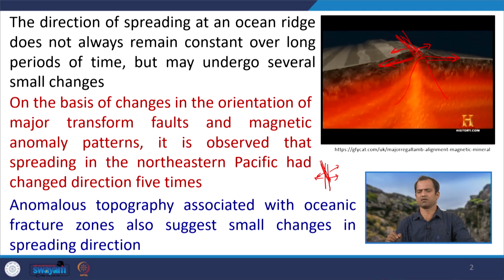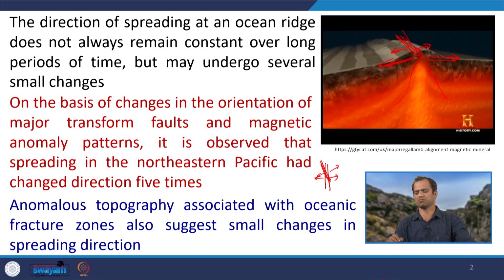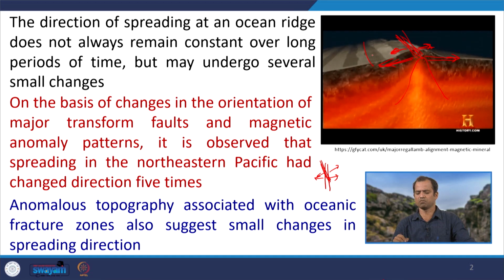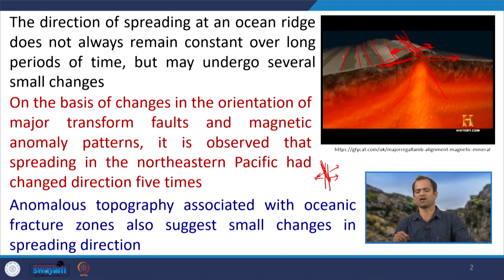On the basis of changes in the orientation of the major transform faults and the magnetic anomalies, it is observed that the spreading in the northeastern Pacific has changed direction at least 5 times. Once we have a mid-oceanic ridge system and this basaltic magma is pouring out and spreading, these black and grey segments are the magnetic anomalies.